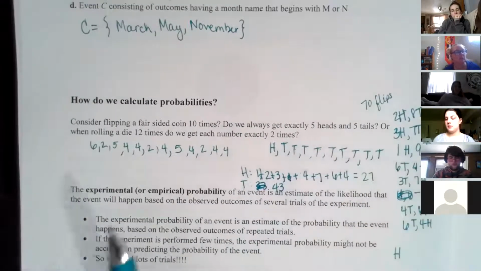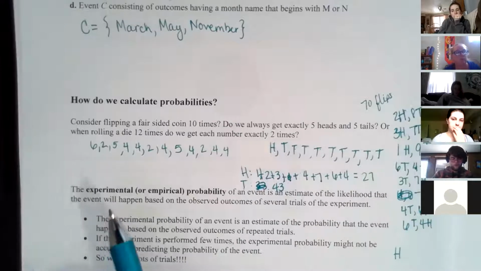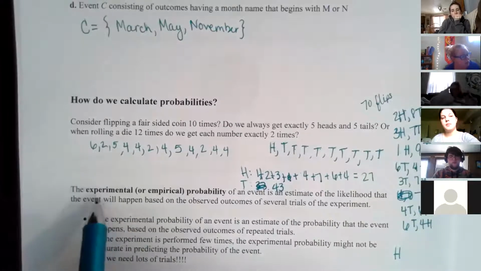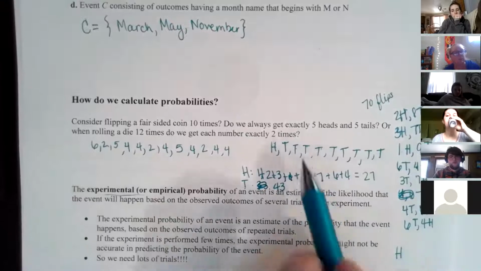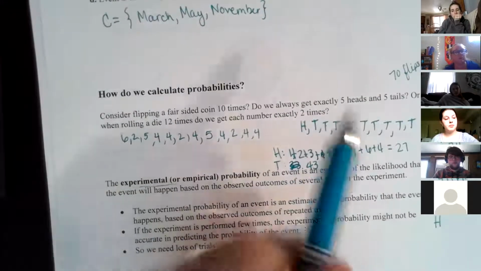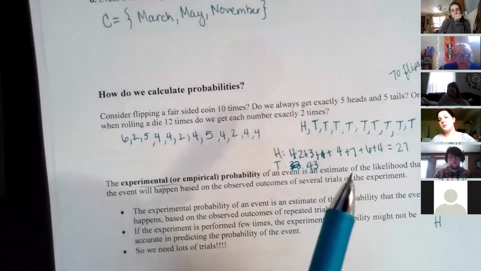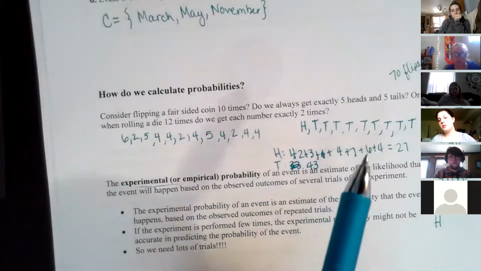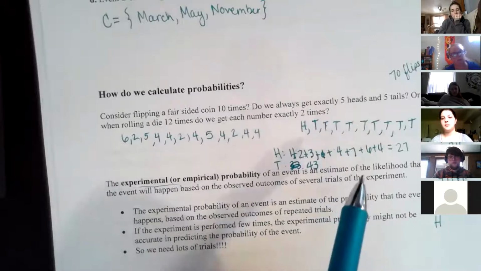So that gives us the idea of understanding the difference between experimental probability. So we did this experiment. In these 70 trials, the probability of me getting a heads was roughly 38.6% of the time.